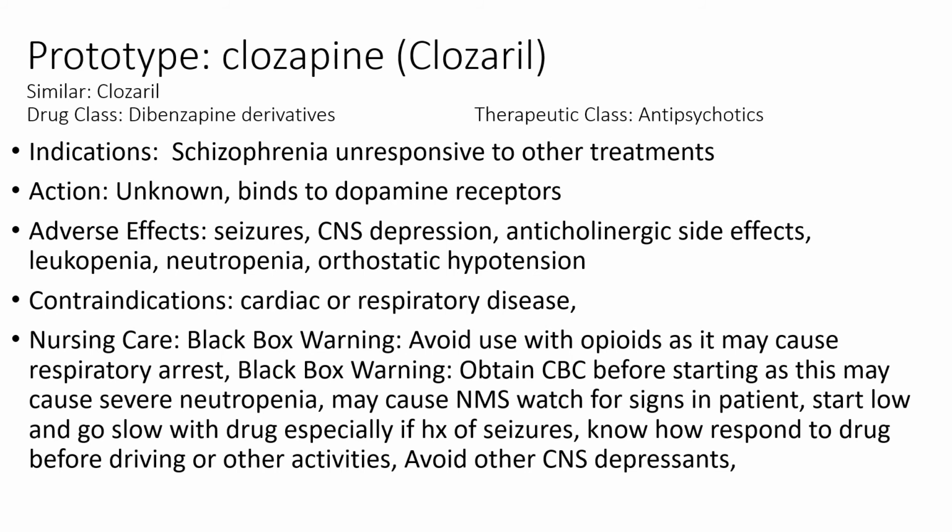Okay, it can cause any of the other side effects that we've discussed with the first generation antipsychotics, including neuroleptic malignant syndrome, which would be very uncommon, but it can still happen. But I just want you to recognize that drug as an antipsychotic, but bone marrow suppression is the main concern with this drug.